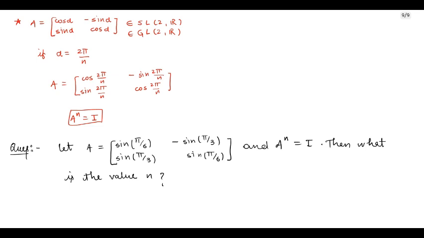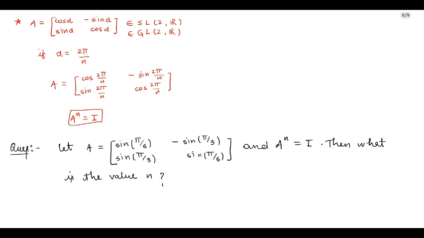If you multiply A by A, you get A square, then A cube, this is a very rigorous process. Maybe you will not get it even after the 6th or 7th power. So this is a very lengthy question, right? You use the above concept.